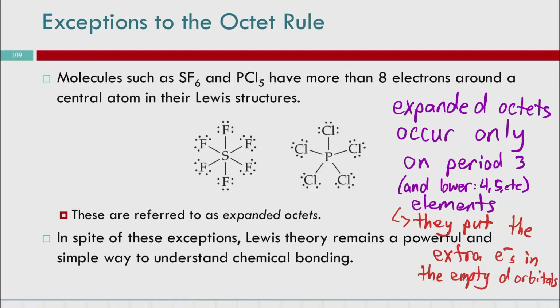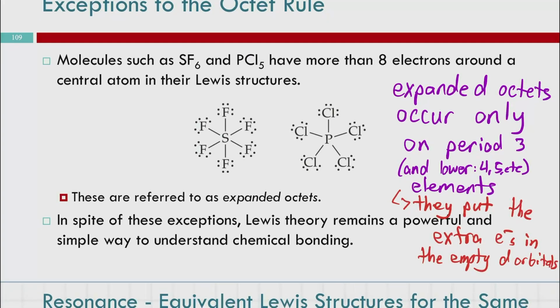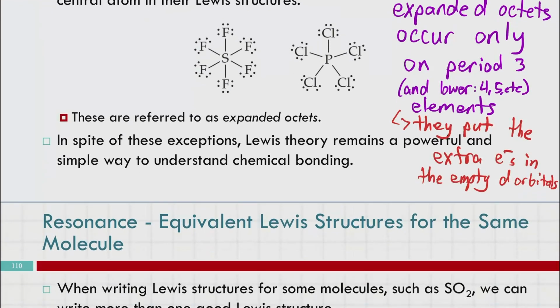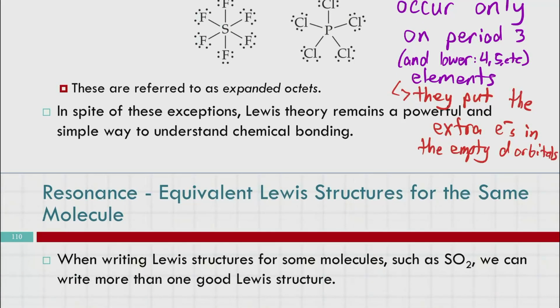That's also why it won't happen with anything that's in period 2, because they don't have access to the 3d orbitals, so they don't have those like kind of extra secret pockets all over the place like some jackets have to hide those electrons in. On the Lewis structure worksheet, there's an explicit section of expanded octet things. So that's how you know to do an expanded octet. Otherwise, we're going normal octet rule.